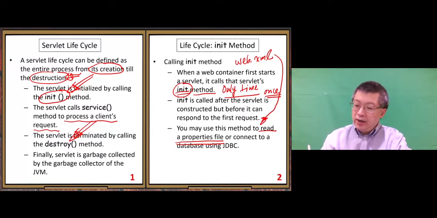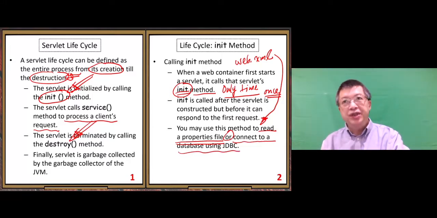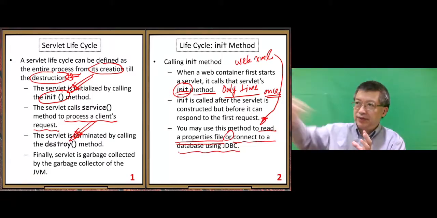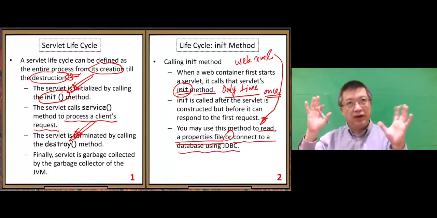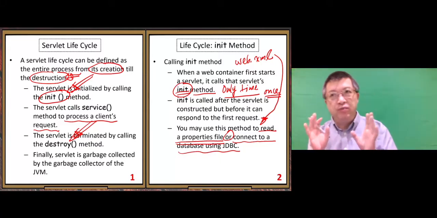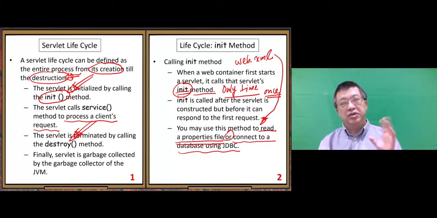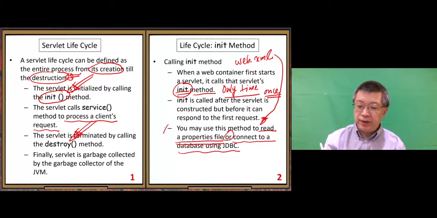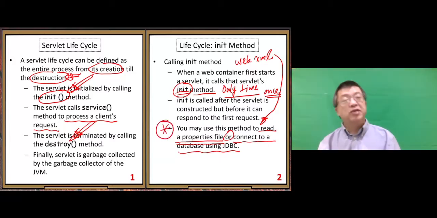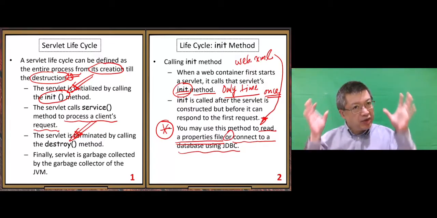Another thing you can do is connect to a database using JDBC. For a database, you need to make a connection first. Let me say a few more sentences about this, because this part is very important. Right now, it is the first time we look at the database connection problem.